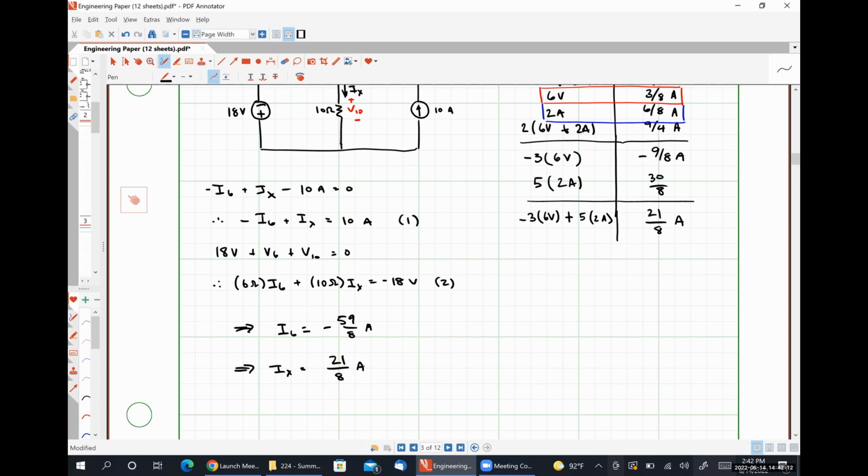Okay. So this is why I believe that only teaching the superposition principle is really only giving you guys half of the power that linearity can provide.